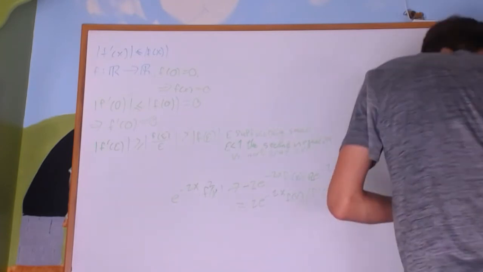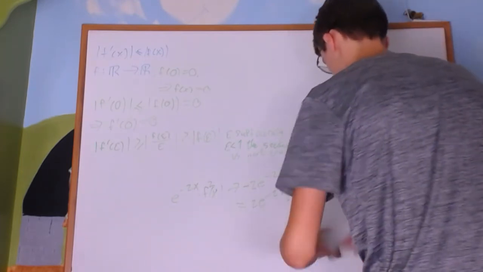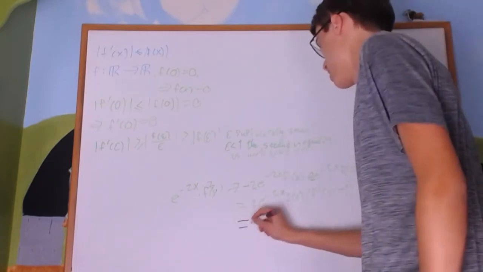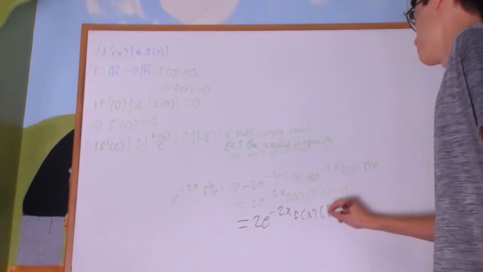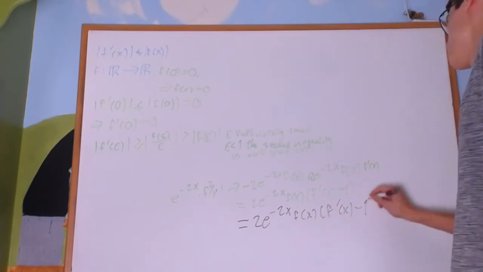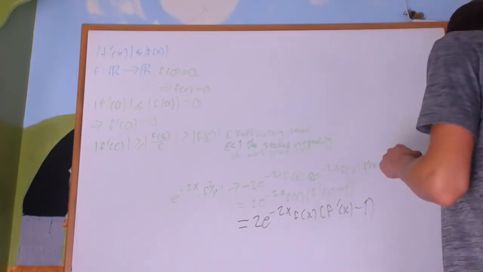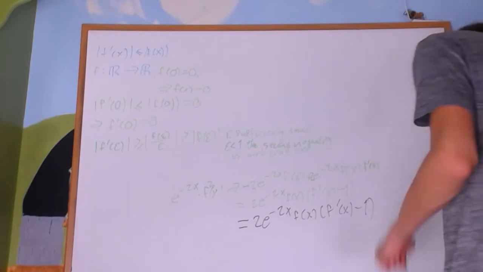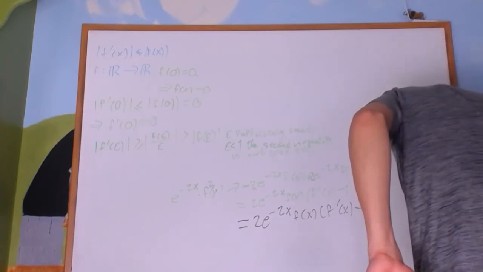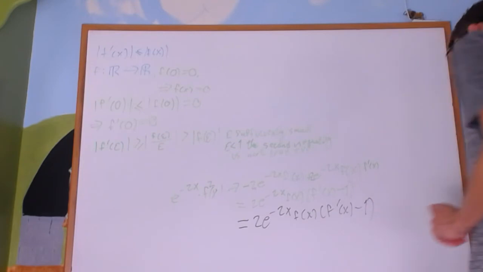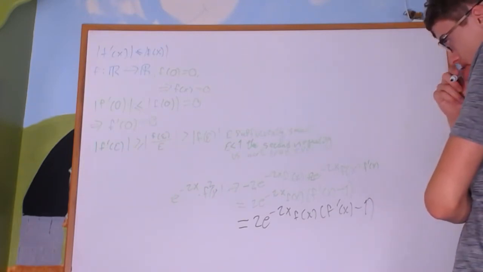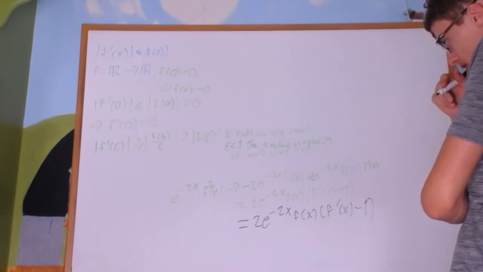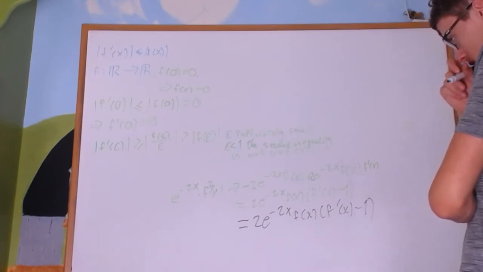So right now, I have 2e to the minus 2x f of x times f prime of x minus 1. Alright, now what do I do from here? Because that doesn't seem indicative of anything.